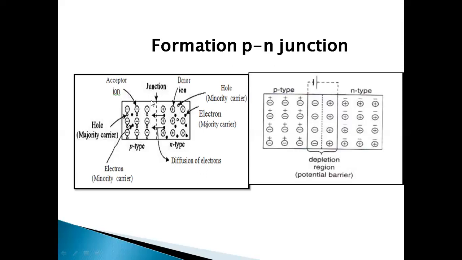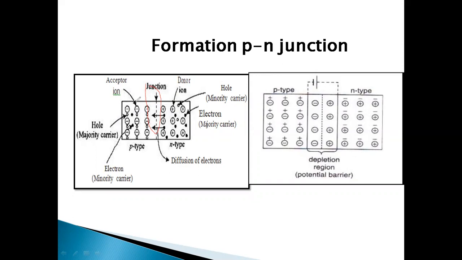As I'm showing here, this is the junction diode material. This is the junction layer. This is the cross section. It acts as a bridge between the two different extrinsic semiconductors.